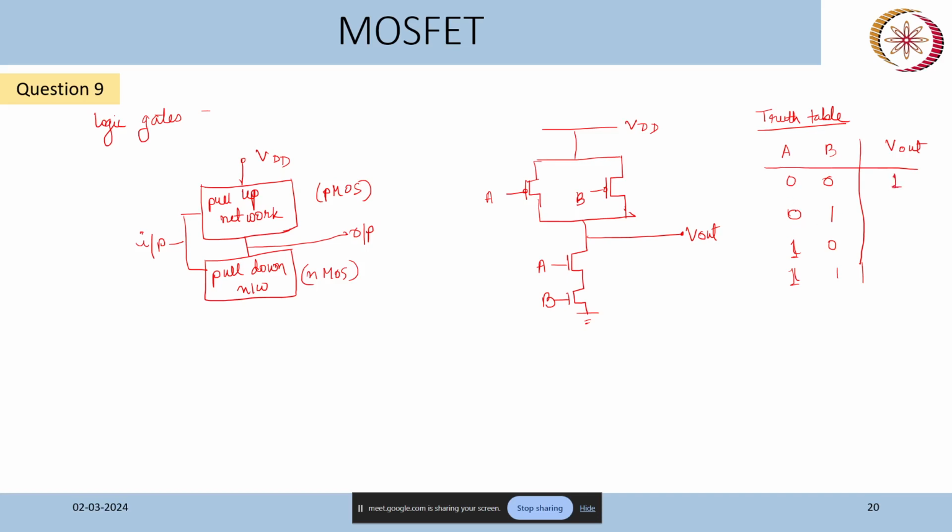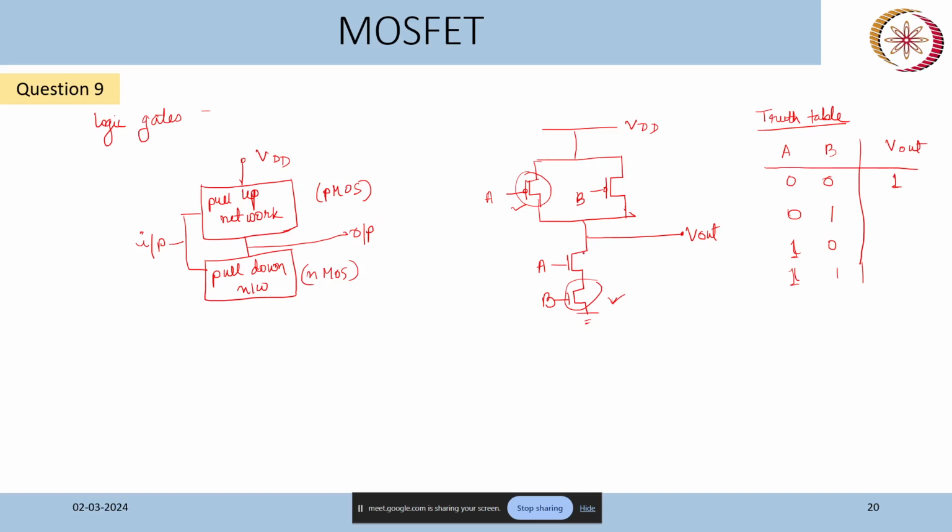Similarly, when it is 0 1, this is on, this will be off, and B means this is on, but this is still in off condition.